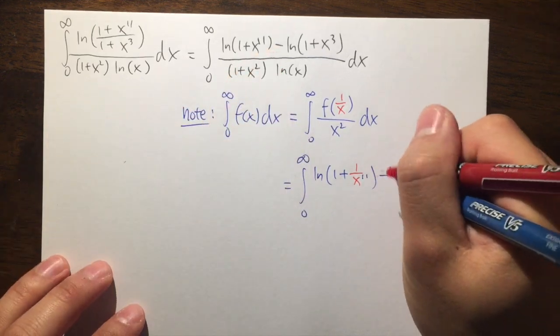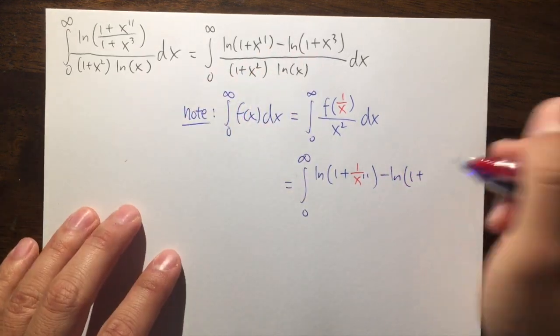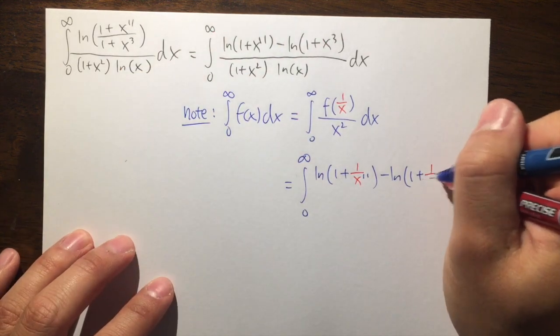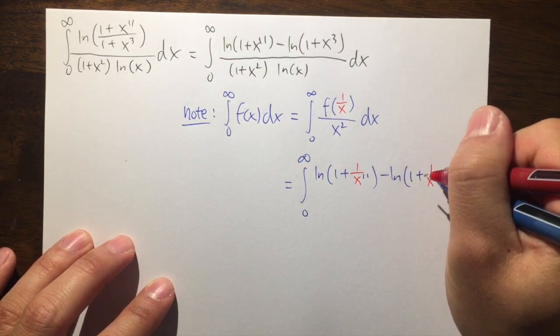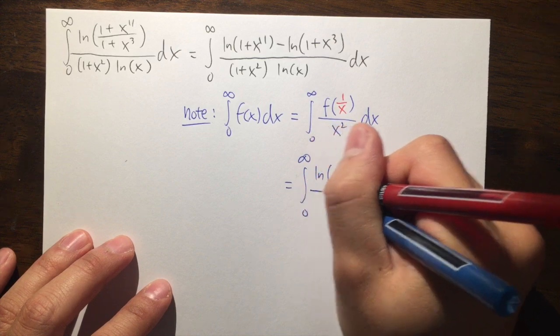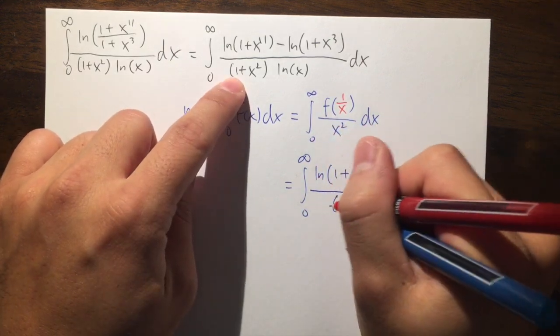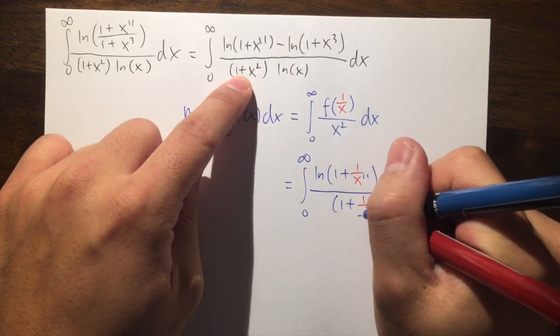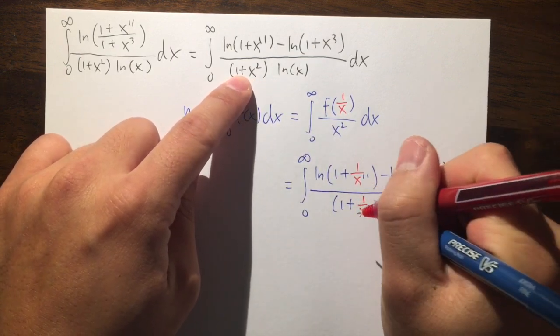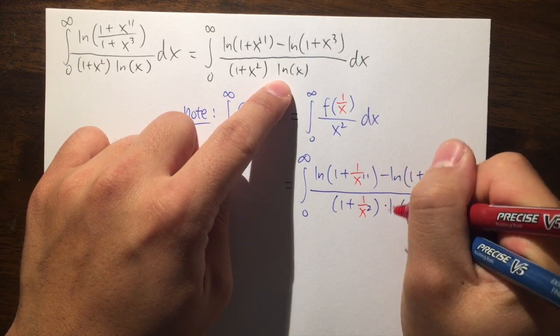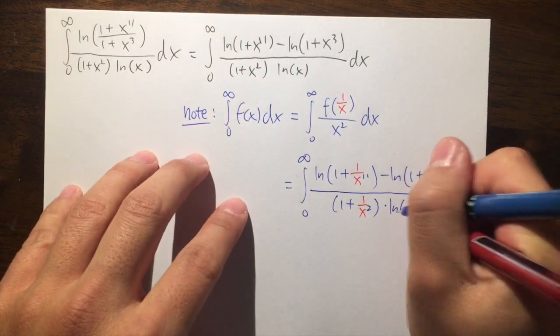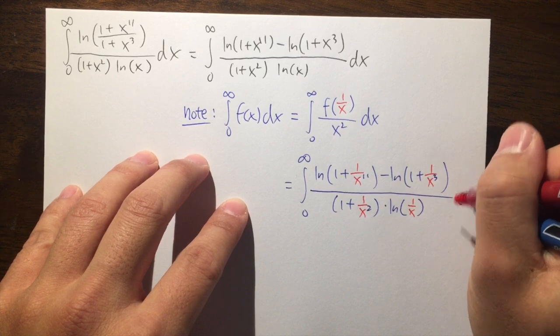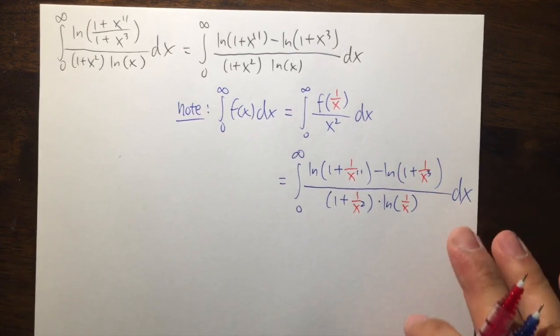And then minus ln of 1 plus, plugging this into here, 1 over x to the third power, isn't it? And then over 1 plus, I'm just plugging 1 over x into here for now, so 1 over x squared, and then lastly multiplied by ln of 1 over x in here. And of course, don't forget the dx, otherwise people will sue me.